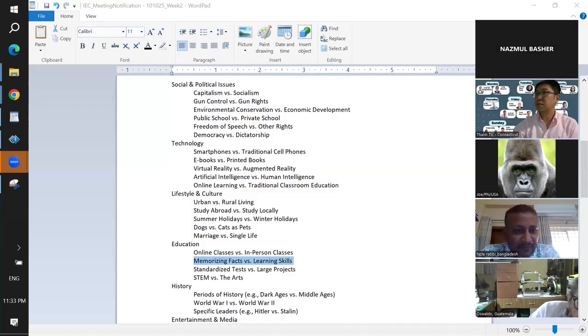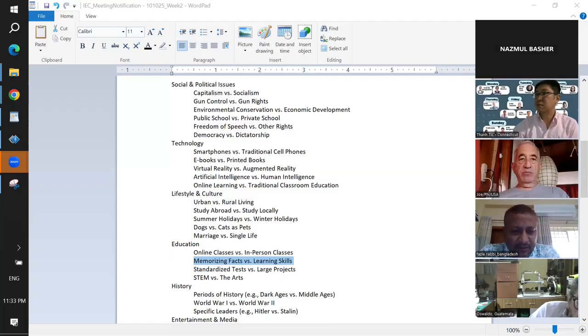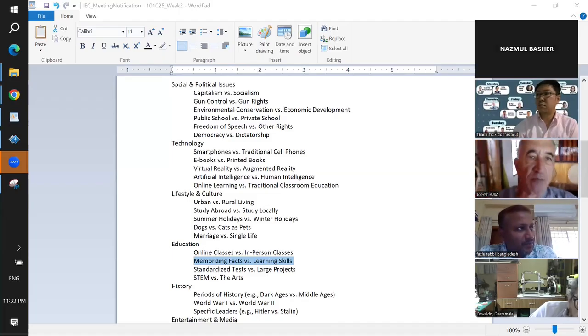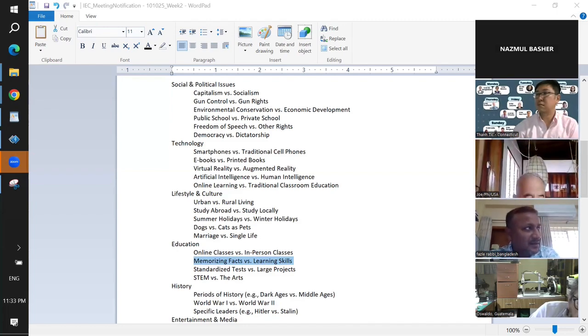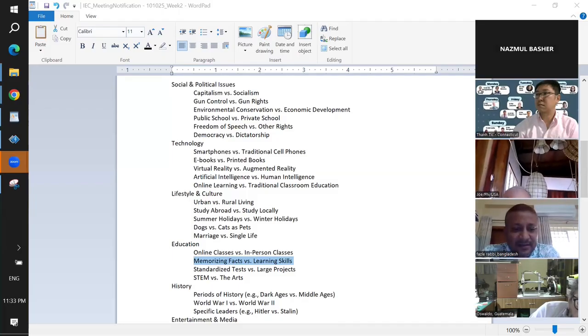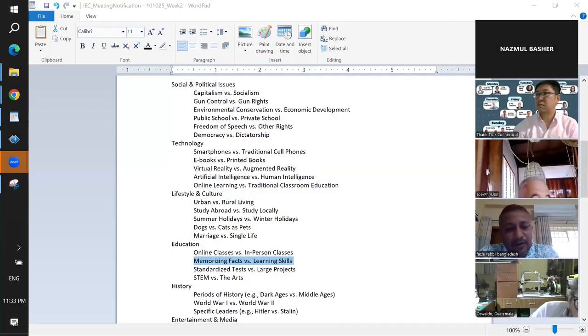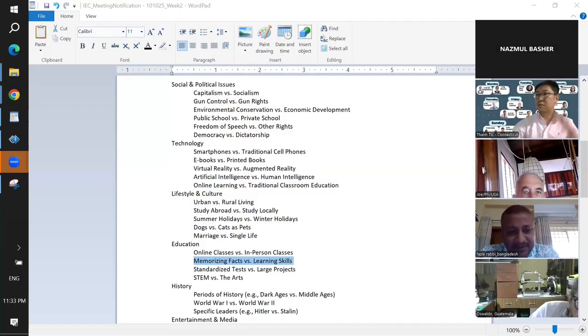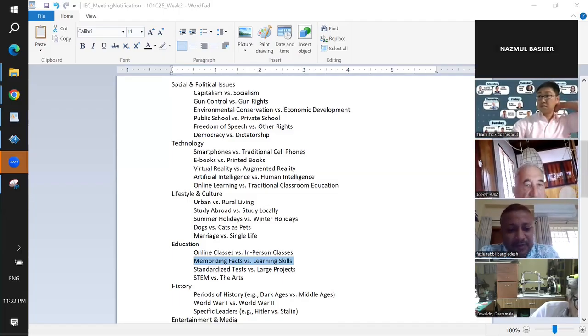It doesn't affect anything. So what is the real learning skill? Deep learning, or real learning, is something you can implement in your real life. Only that learning skill will help you get better success in your future.